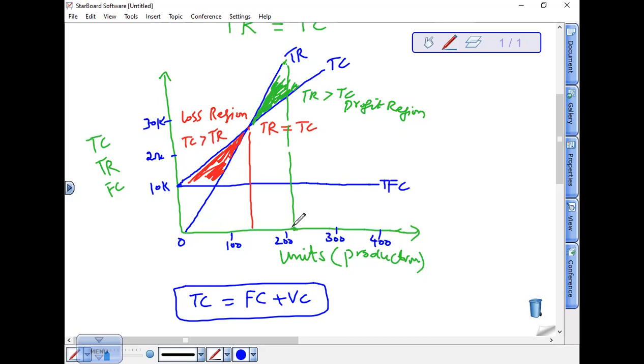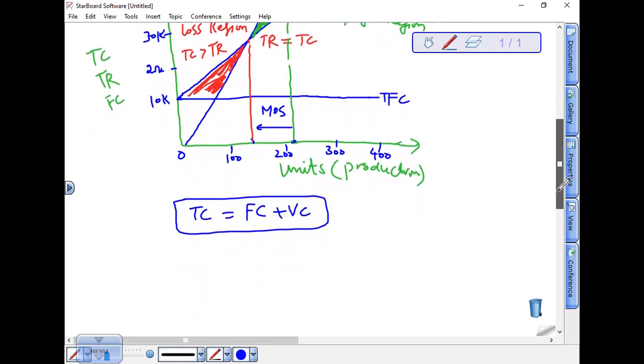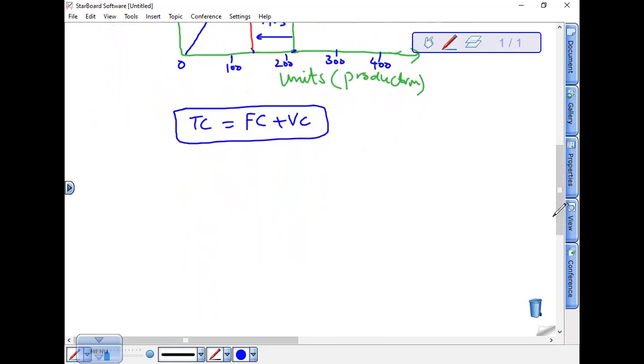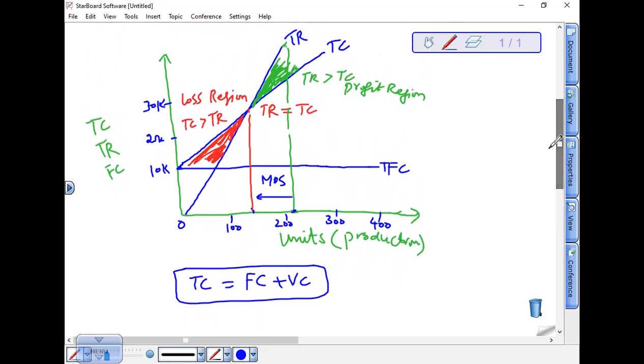But if we start declining from our current sales revenue downward, our current sales revenue is this one, and the break-even point is this one. The region in between the current sales revenue and the break-even point is the margin of safety. Basically, margin of safety means how much decline is acceptable from our current sales revenue.